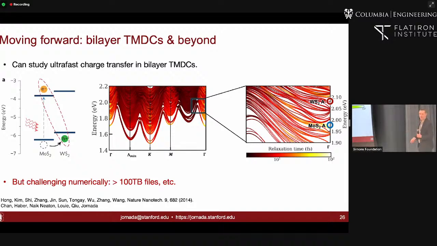So right now, the challenge is that we have to deal with hundreds of terabytes of data to process, but I think it'll be very interesting to see whether there are stochastic and other algorithms to make those approaches more numerically efficient in the future as well.